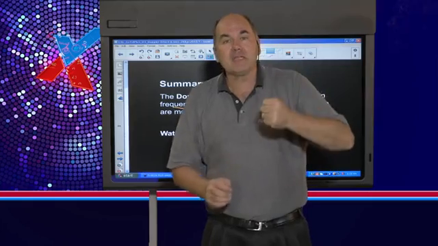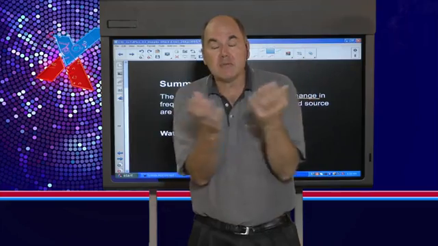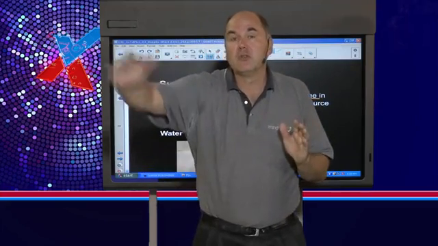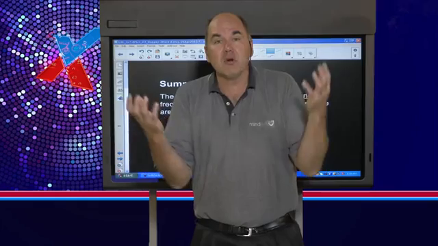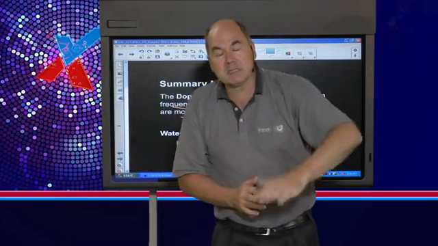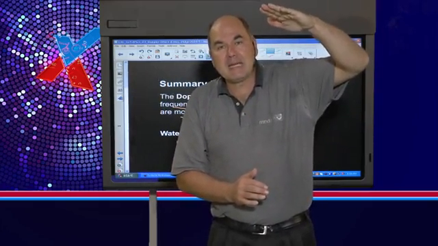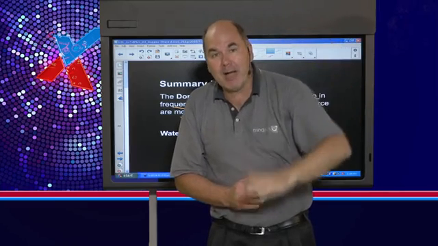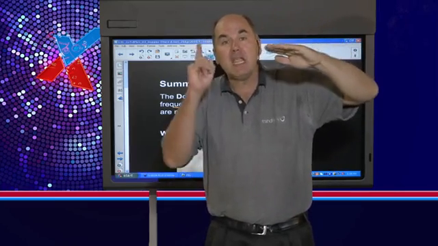Remember, waves can be generated from an oscillating source, a source that vibrates up and down, left to right, and produces some sort of output that travels through the medium, whether that be electromagnetic waves, sound waves, or water waves. Now, the frequency, remember, is the number of complete vibrations in 1 second.